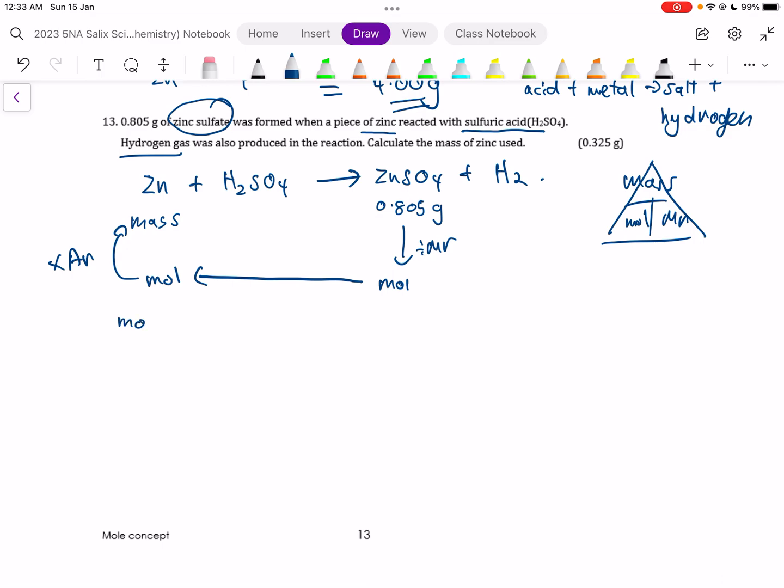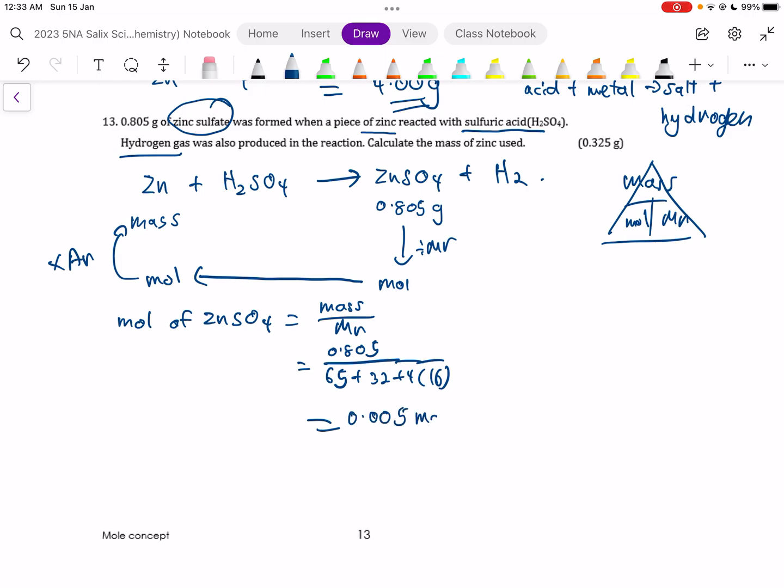So for this, the number of mole of ZnSO4 will be the first thing I try to find. So 0.805 over 65 plus 32 plus 4 times 16. So this is 0.005 moles.